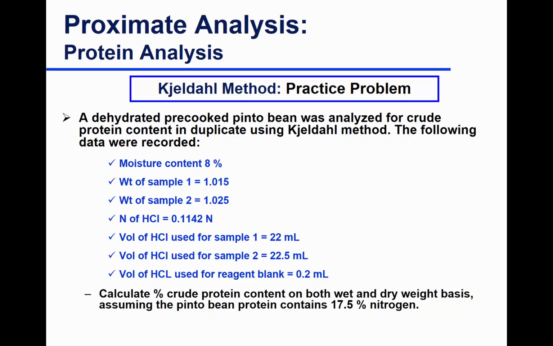So you have sample 1 and sample 2, meaning do the calculation for each sample separately all the way to the end. Yes, Riley? Which molecular weight is it? Oh, molecular weight of nitrogen, which is 14. So here it is: mass of nitrogen is number of moles of nitrogen times the molecular weight of nitrogen.